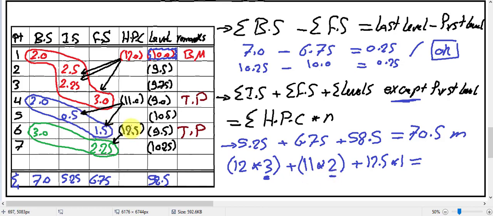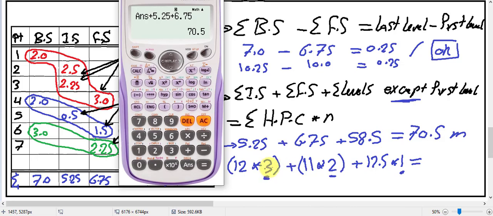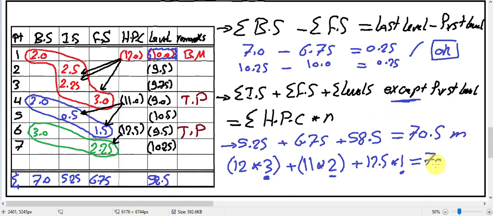The number of uses for this HBC is the number of readings for this setup, 1, 2, minus 1, which equals 1. So this equation should be 70.5. Let's try it. It equals 70.5. So the right hand side equals the left hand side, so this check is okay.